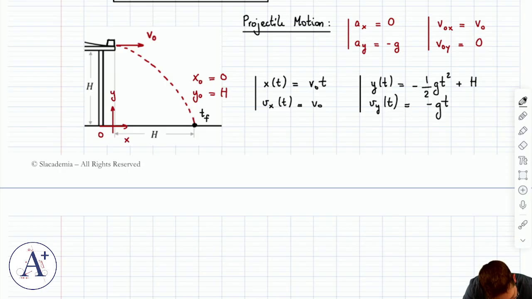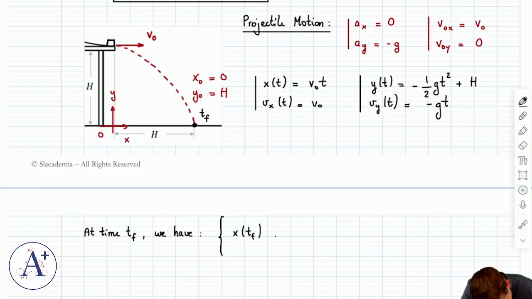Right. So we'll say that at time t final, we have x of t final is equal to h, and y of t final is equal to 0.